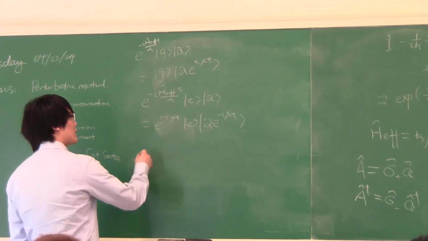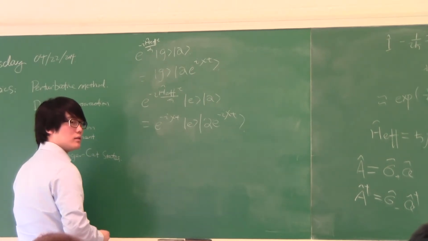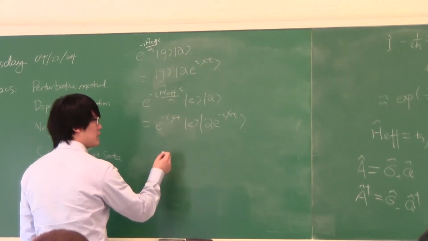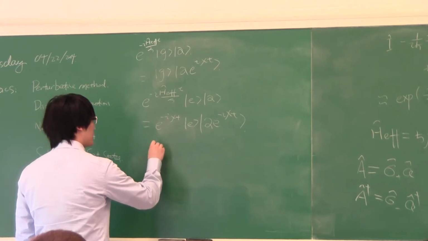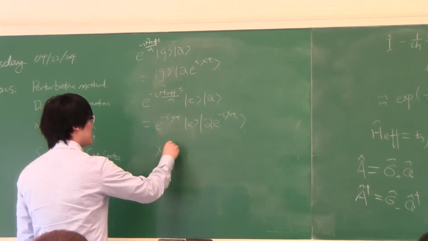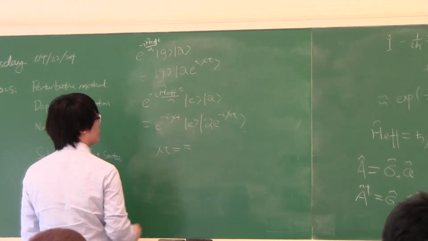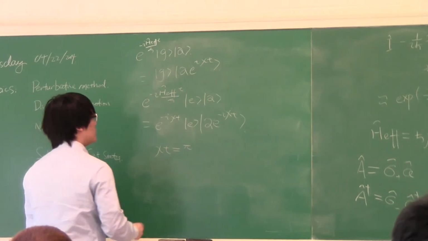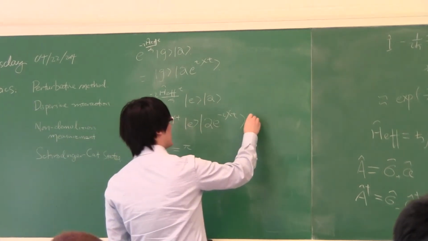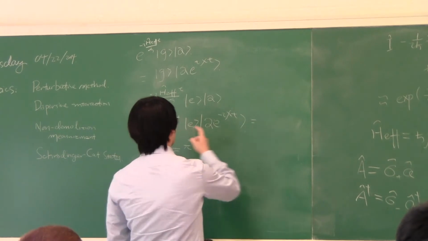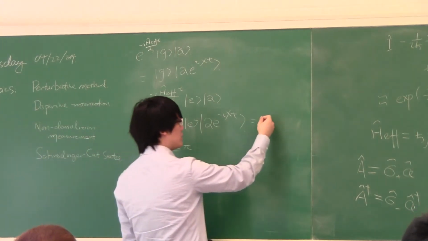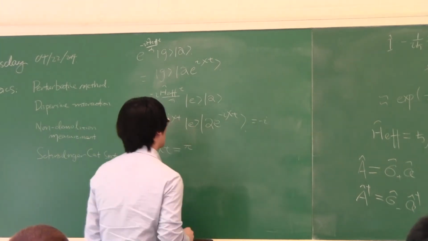We can control the phase factor, the time that the atom spends in this non-resonant field, such that chi t is equal to pi. If this is the case, then this gives you minus i.